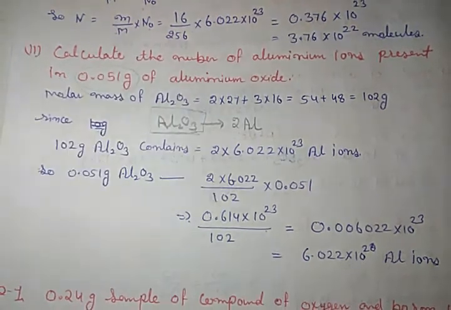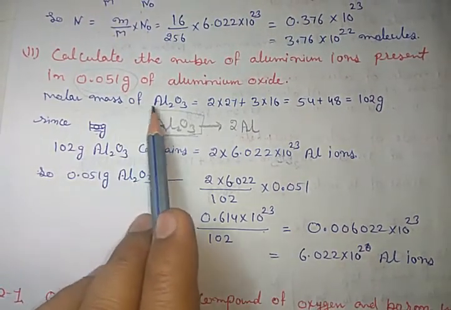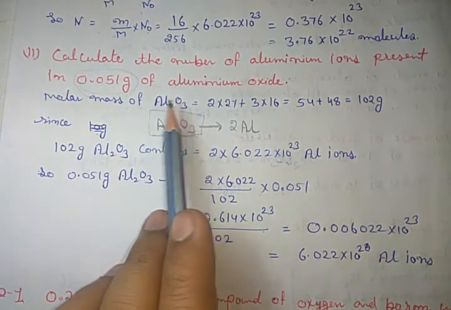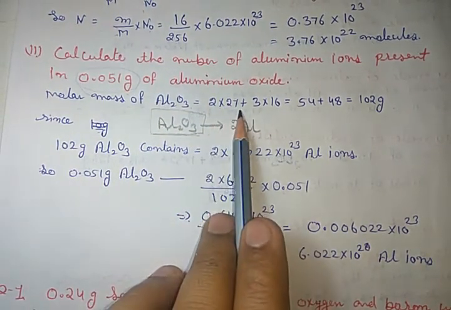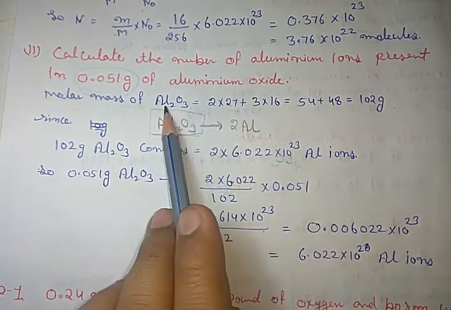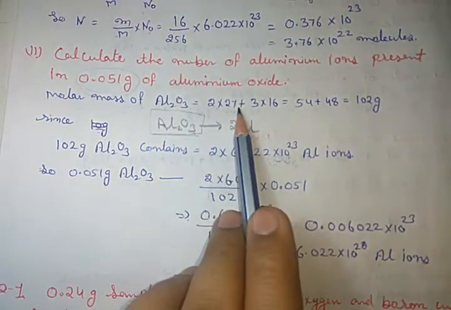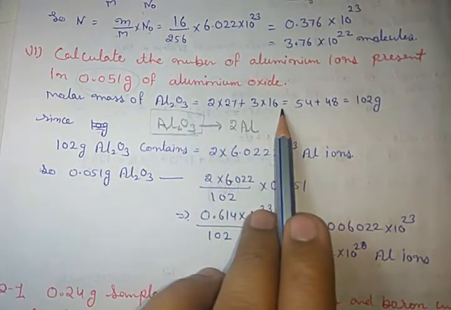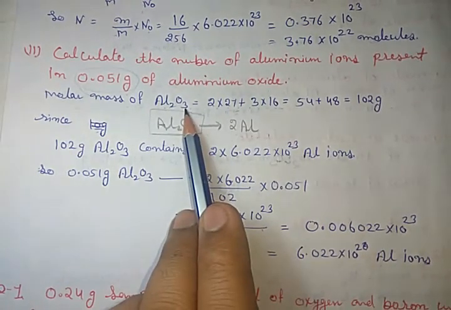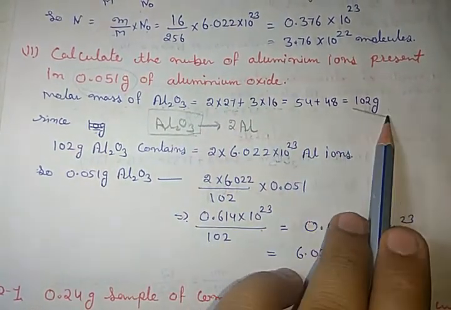For that we have to make the relationship between the molar mass and Avogadro number. If we calculate its molar mass, then 2 into 27, because the atomic mass of aluminium is 27, so there are 2 aluminium, so 2 into 27 plus 16 into 3 because of the oxygen. So the answer becomes 102.